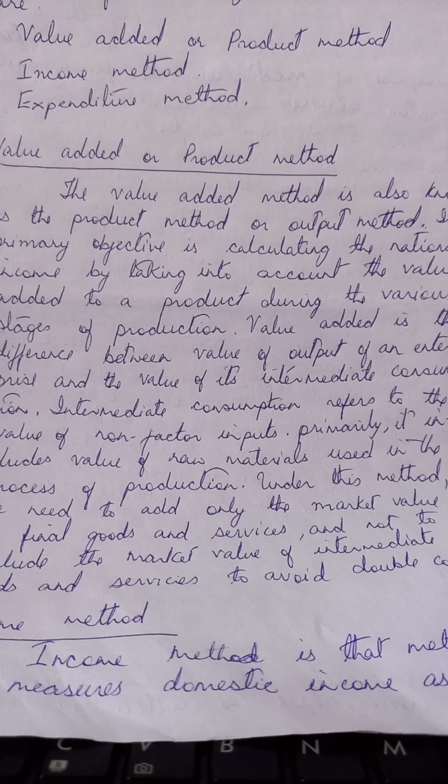The value added or product method is one of the common methods of measuring the national income. According to the value added method, it measures national income in terms of the value added by each producing enterprise in the economy during a particular period.